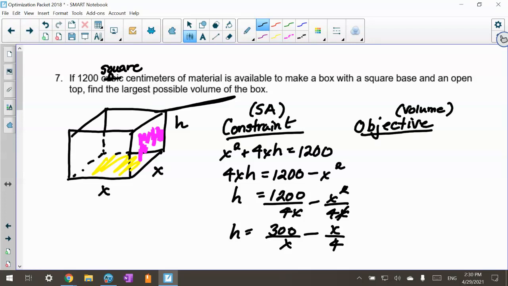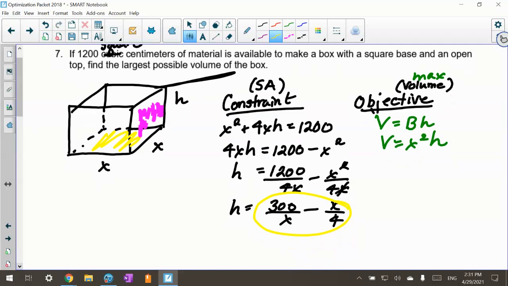Now, my objective, obviously, is my volume. I want the largest possible volume, so we're doing our max volume. I know the volume of this is area of the base times the height. Volume is x squared times h. On the h spot, I'm going to put this whole thing right here. So my volume is x squared times 300 over x minus x over 4. Then I'm going to distribute that.